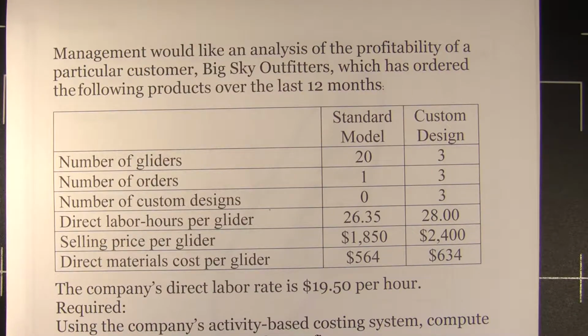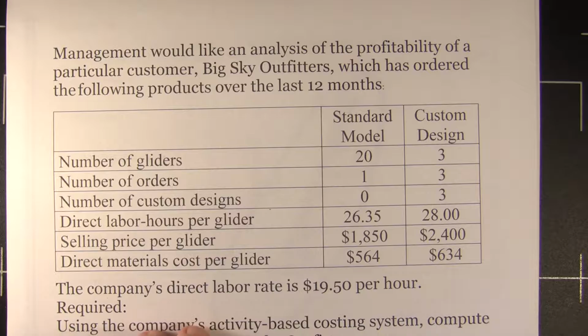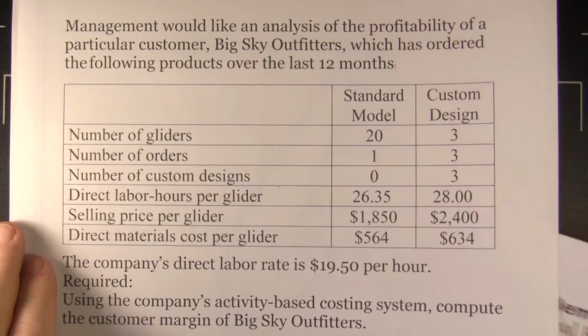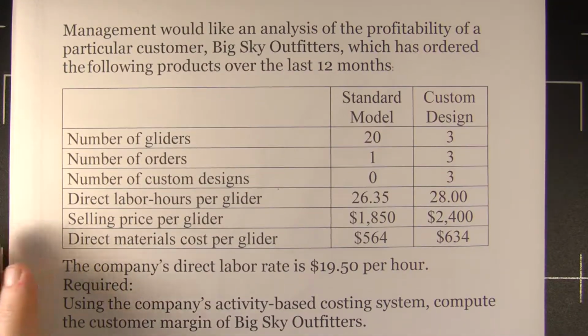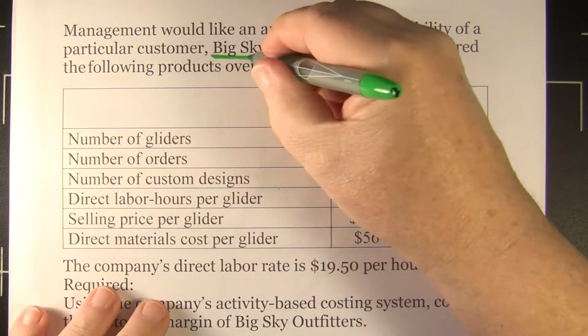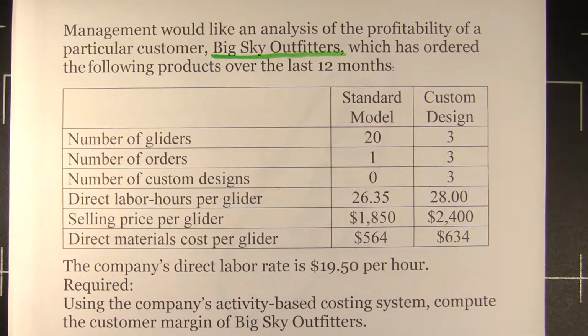So they tell us they would like us to do this, and this does happen. I have seen this happen fairly, I can't say commonly, but it does happen, where management would like an analysis for a particular customer. Here's the name of the customer, and the backstory here would be this customer has perhaps lots of customer orders, or this customer is only a small customer, he only orders from us once in a while.